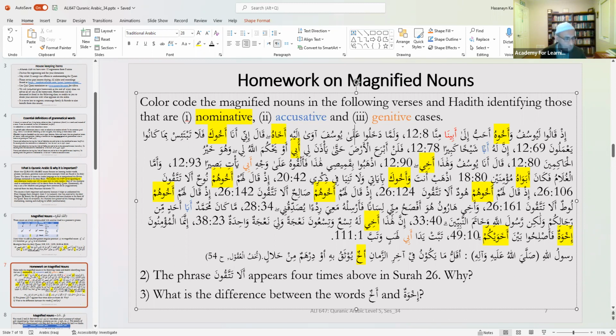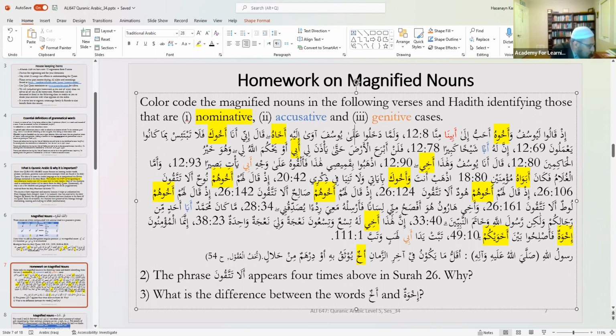Yes, Ali. Just a question: the awa ilayhi akhahu, is that nominative or accusative? Even when I was trying to answer, it seems like it is accusative, right? But it is nominative. Let's look at it again, 69.